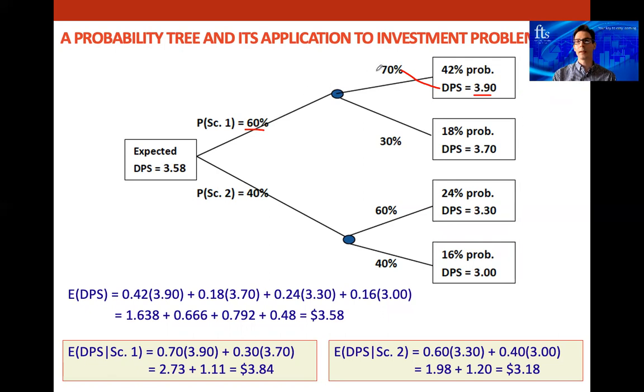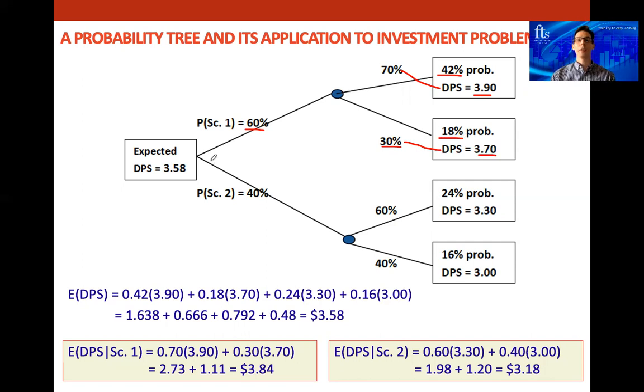So 0.6 times 0.7 is 0.42 or 42%. They also told us that if scenario 1 happens, there's going to be a 30% chance of getting $3.70. So what's the probability of getting $3.70? We just multiply across the branches. 0.6 times 0.3 is 0.18 or 18%.